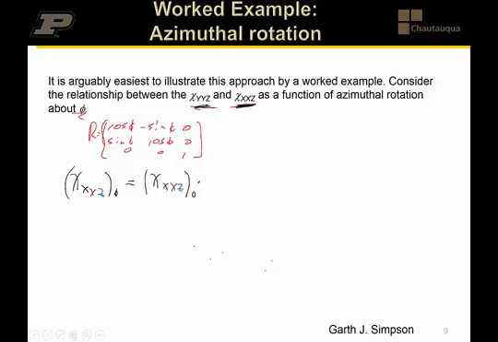And we'll get that by considering first the rotation matrix that connects these two, so that'll be R xx. And then the next one will be the rotation matrix that connects these two, which will be R xx again in this case. And then finally the rotation matrix that connects these two.